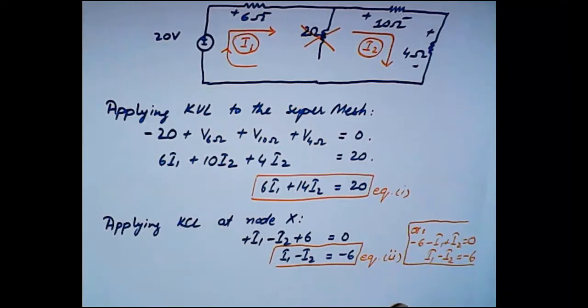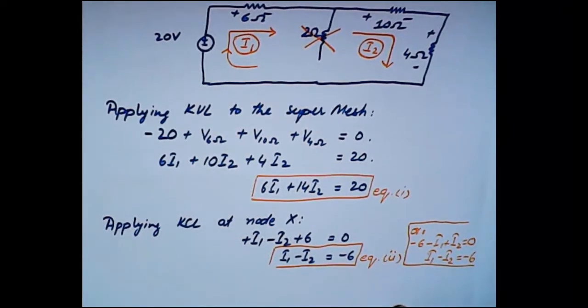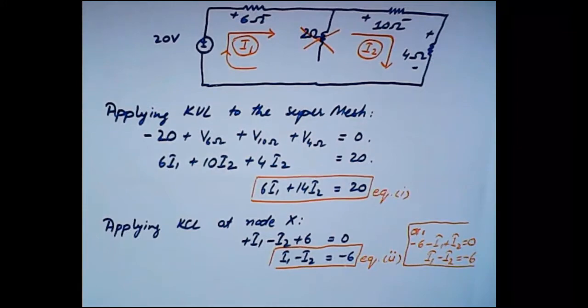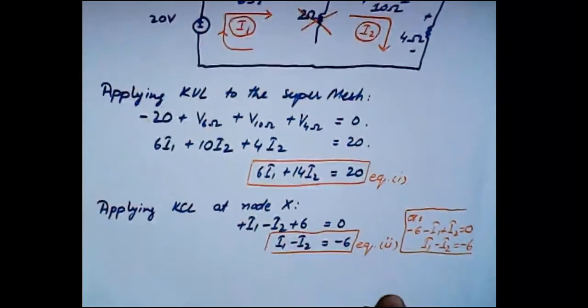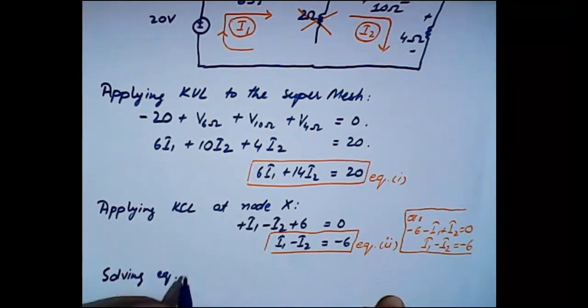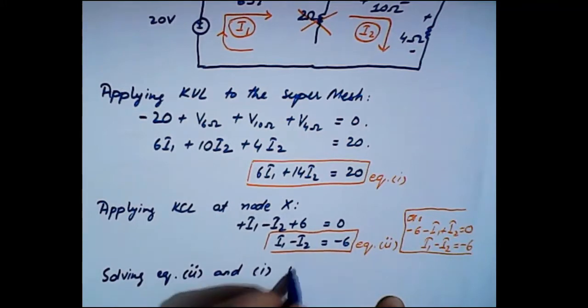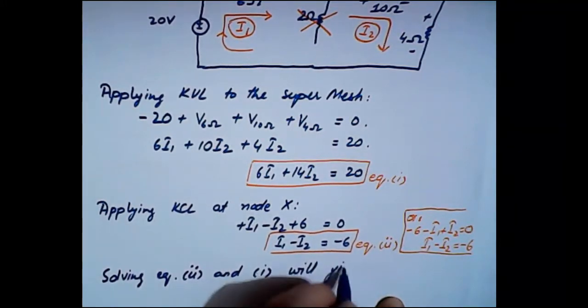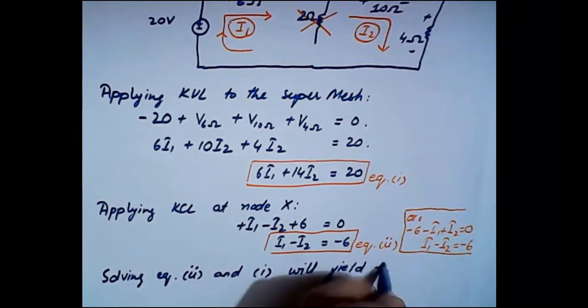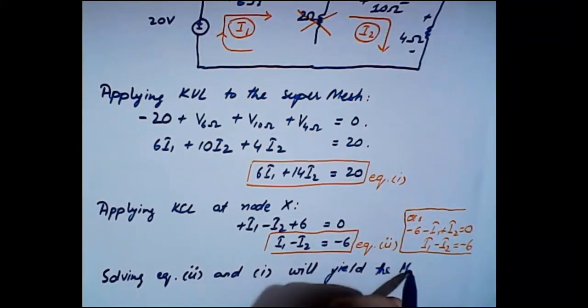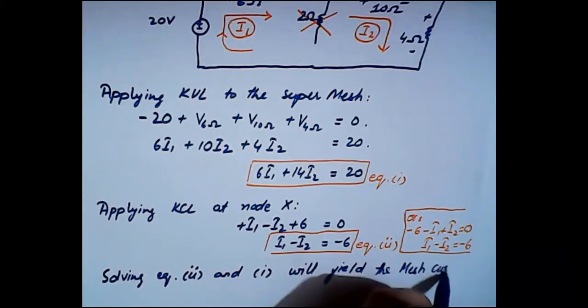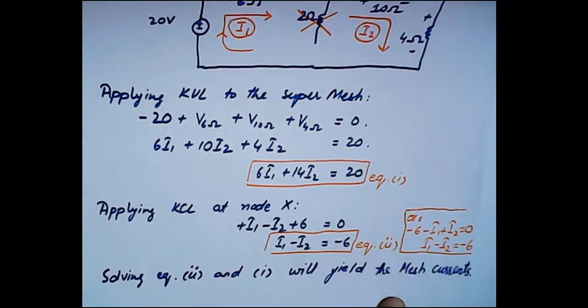And now when you solve the resulting system of equations, solving equations 2 and 1 will yield the mesh currents. And you can solve them with the help of calculators as we have previously discussed.